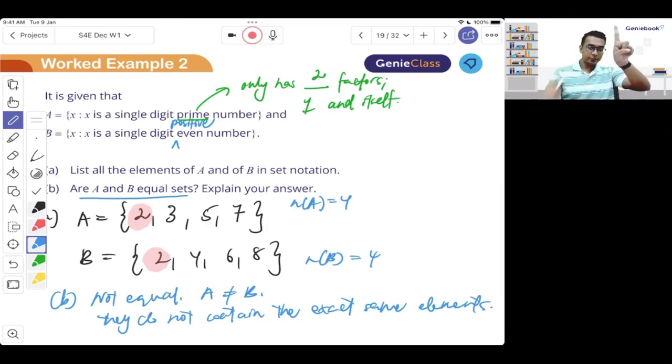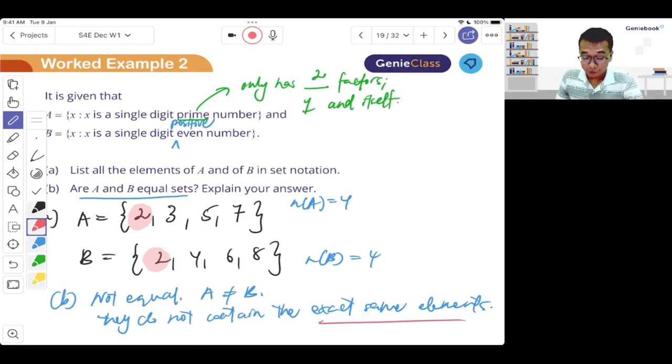Exact same elements, first condition, and same number of elements, second condition. In this case, only the second condition is true, but the first condition, having the exact same elements, is not true. So this is how you want to explain it: A is not equal to B because they do not contain the exact same elements.